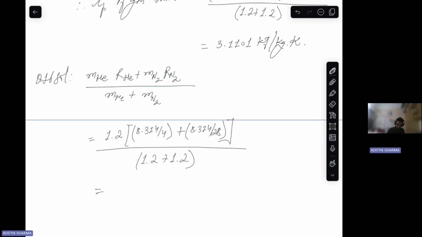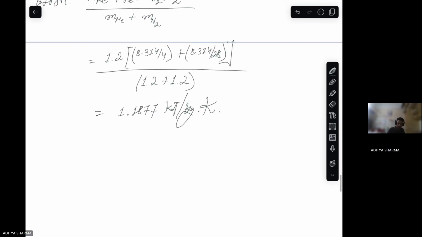If you work this out, this will come out to be 1.1877 kilojoule per kg Kelvin. Okay, so this was your question number 16.